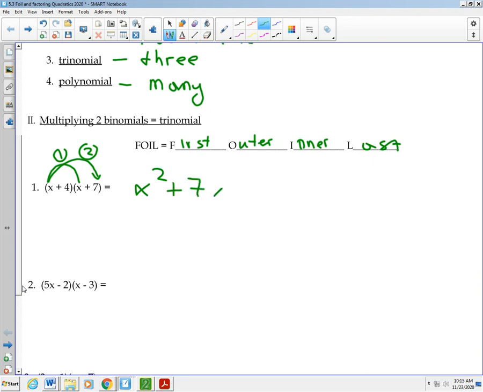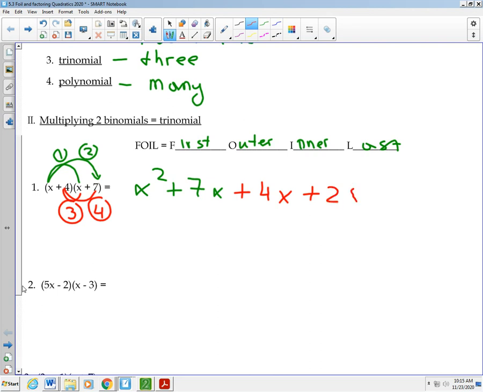Then you do inner, which is the third step, 4 times x, which is 4x. And the last thing you will do, you multiply the last terms, which is 4 times 7, which is equal to 28.